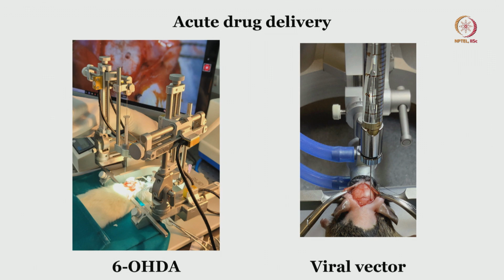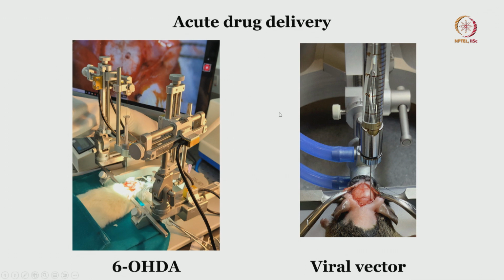But the procedure is the same. All you are doing is drilling a burr hole and taking the Hamilton syringe needle tip through the burr hole into the target as per the coordinates.